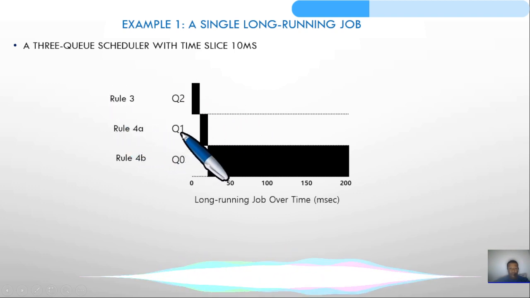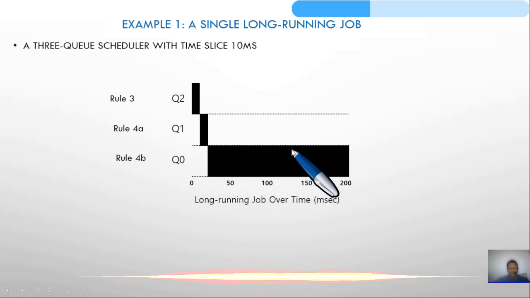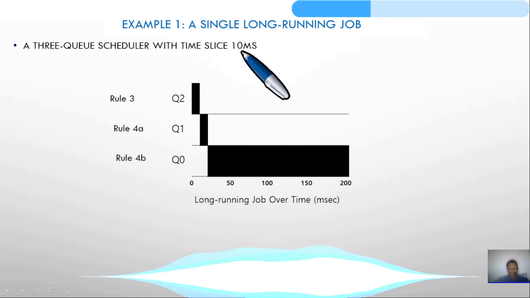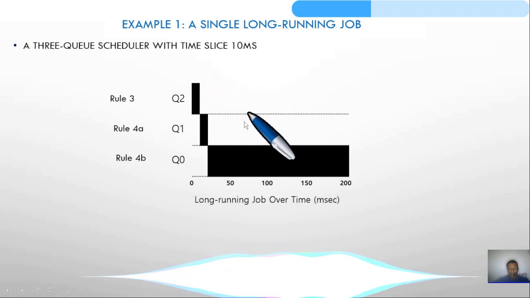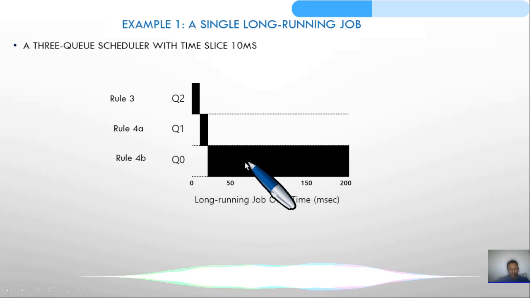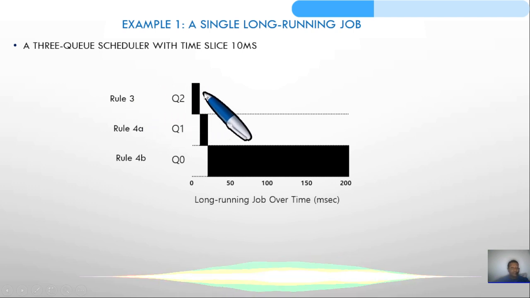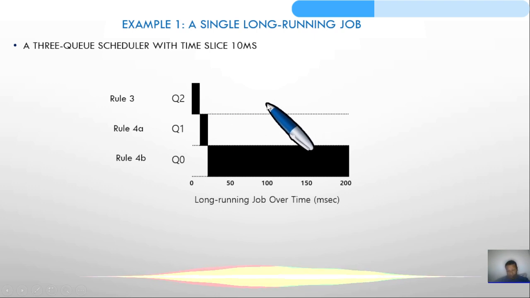Again, rule 4a and rule 4b: if it takes too much time, like with a time slice of 10 milliseconds, most probably this one is process A, or any process which takes up the whole slice, it will go down in the queue, and the process which gives up the CPU before the allocated time will stay at its priority level.